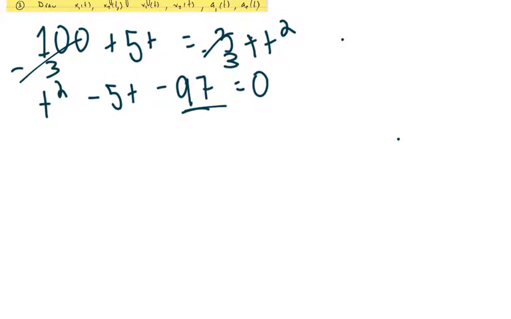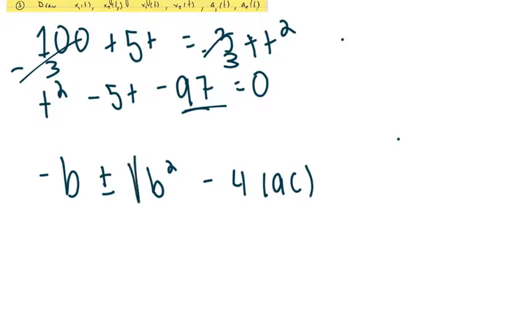Our next step is to use the quadratic formula, which is negative b plus or minus the square root of b squared minus 4ac, over 2a.